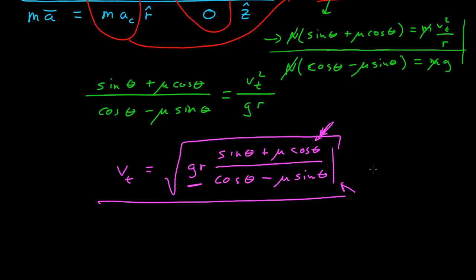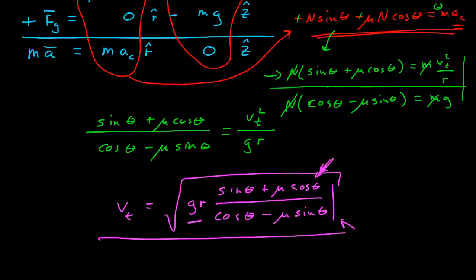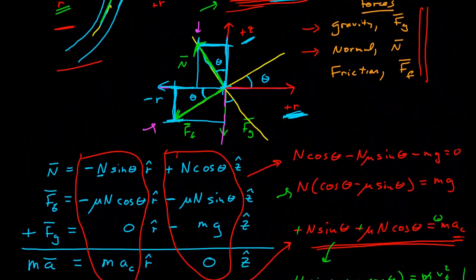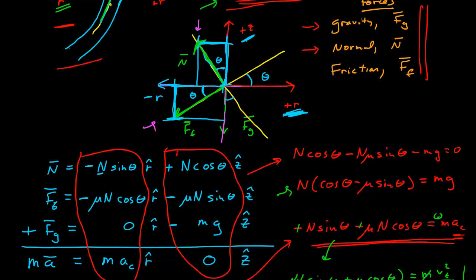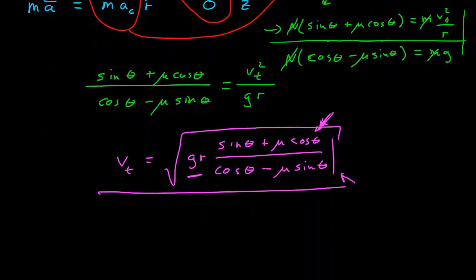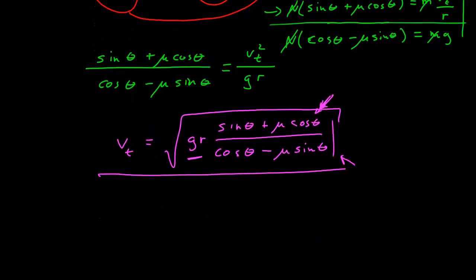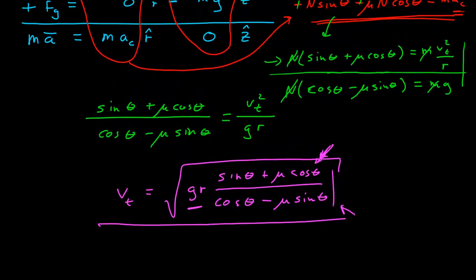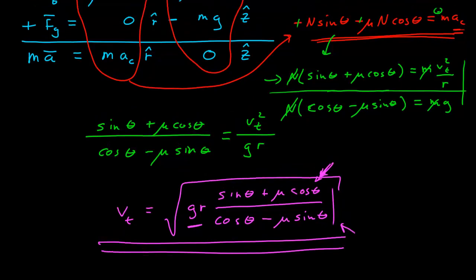And this term here corresponds to the combination along the z-axis that contributes to the normal force. From what I can see right away, looking at the checks, this seems to make sense. And so here we have the speed for a banked curve, the maximum necessary to keep the car on the curve.